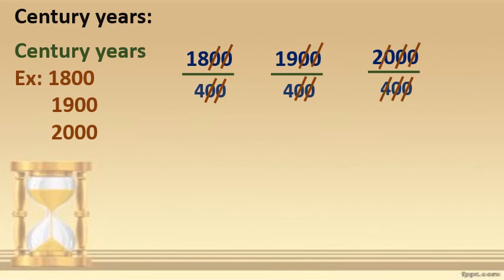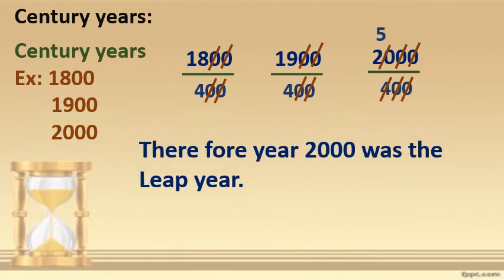So 4 1s are 4, 4 5s are 20, means it is completely divisible. So we can say that 2000 was a leap year, right? That is, century year 2000 was a leap year, right?